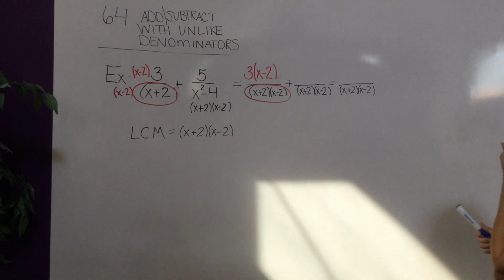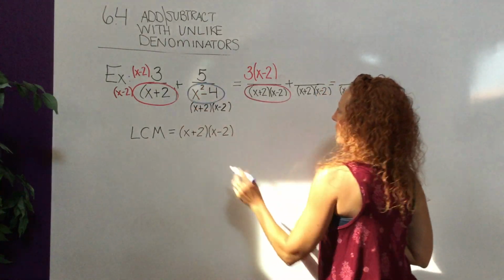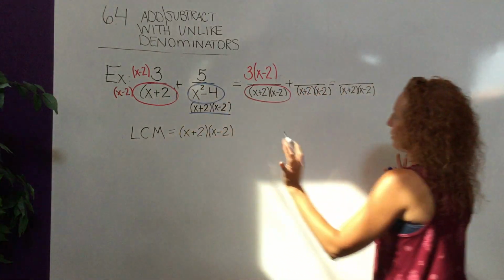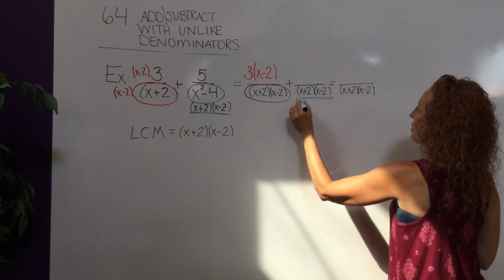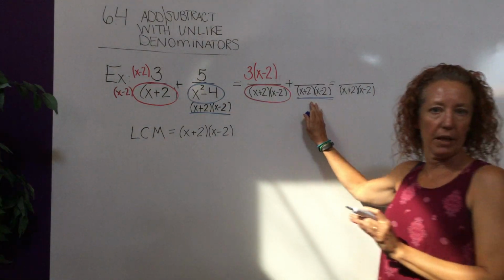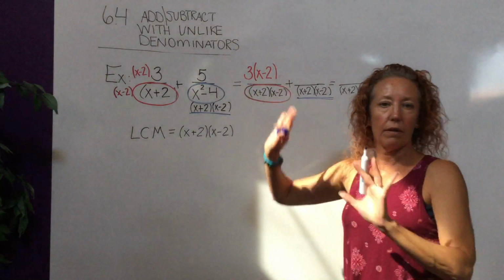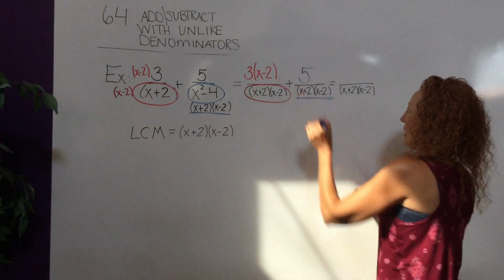Switch up your colors. Here I have x squared, or I have (x plus 2)(x minus 2). Sorry, I would leave it in the factored form. Here I have (x plus 2)(x minus 2). This is the common denominator. So you don't have to do anything. Keep the 5 and just rewrite it. The 5 just stays the same.